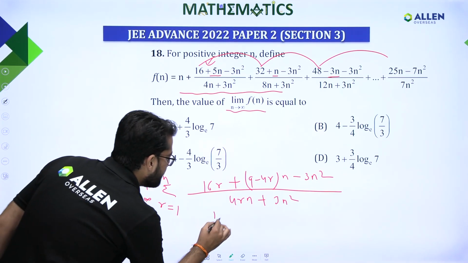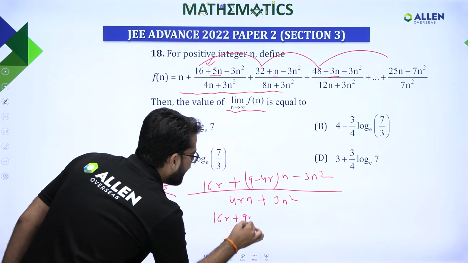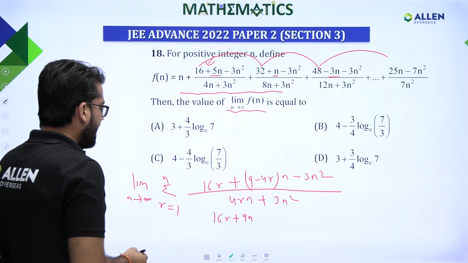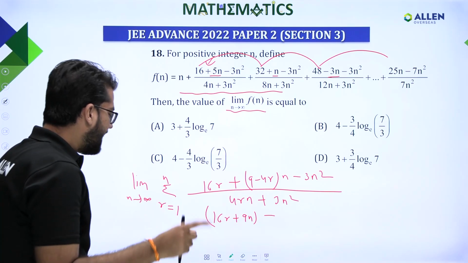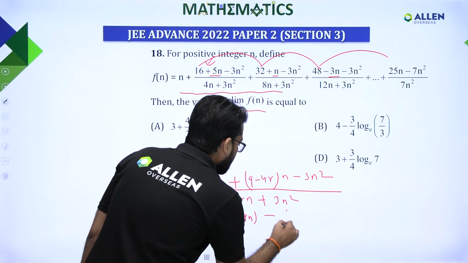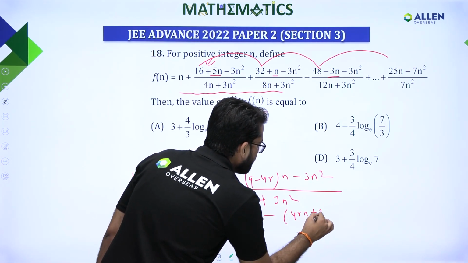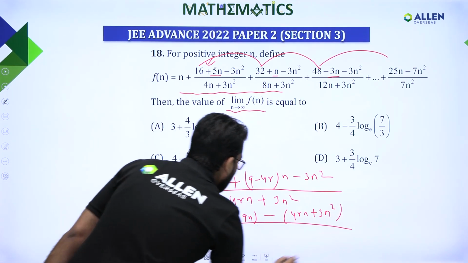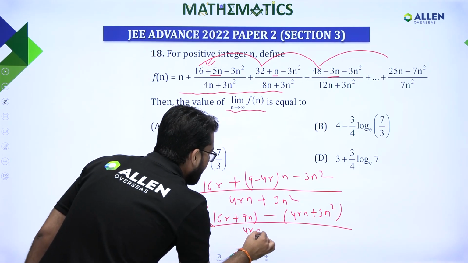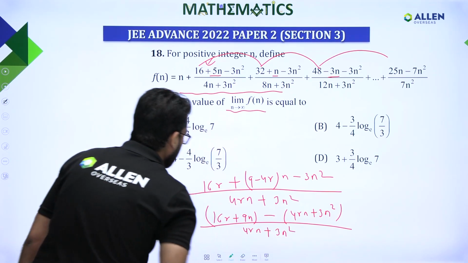Yes, definitely, 16r plus 9n I just want to write. And the next one we have minus 4rn minus 3n square. So 4rn plus 3n square, while taking the negative sign as common, and in the denominator we have the same thing, that is 4rn plus 3n square, right?